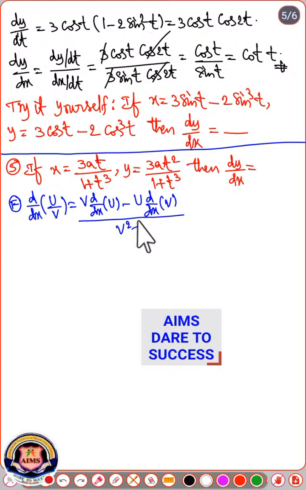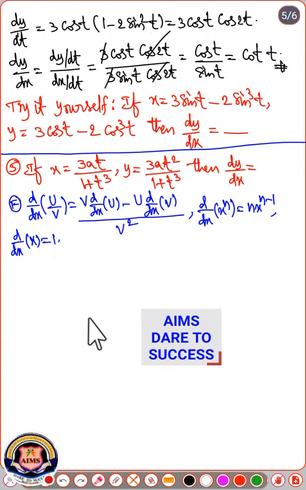Okay, so we get v square. After that, d by dx of x power n is equal to n into x power n minus 1, and one more formula, d by dx of x is equal to 1. If we get more, we can write later.